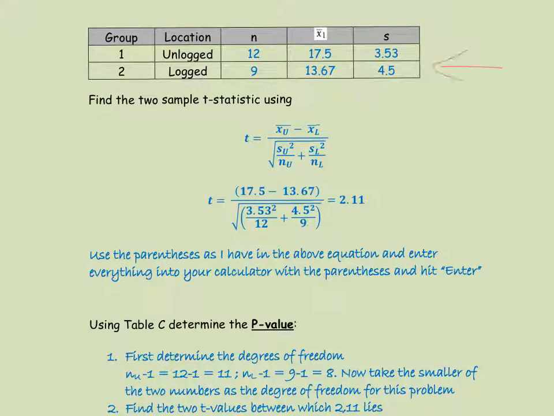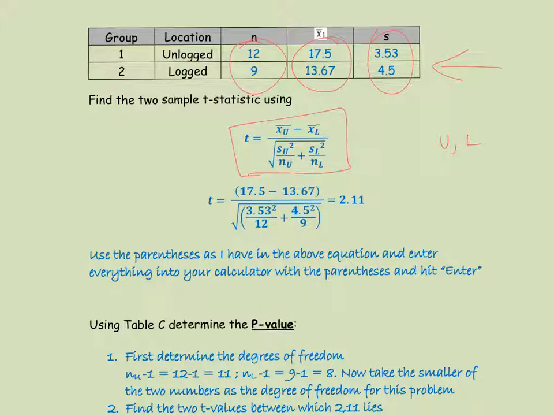This table gives us a summary of results: the sample sizes, the means and the standard deviations of the samples, all given in the form of a table. The formula for the T statistic is given. I've changed the subscripts to U and L just to remind us of what these two samples are.